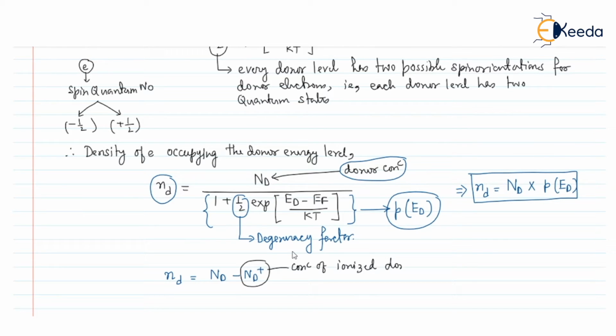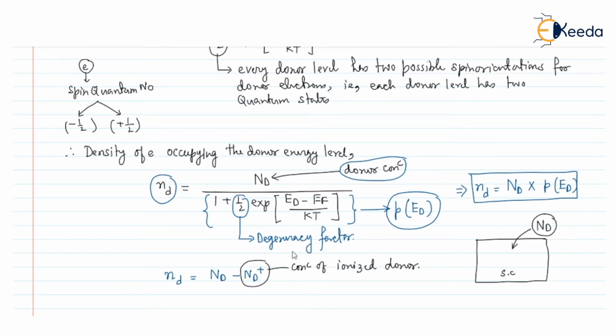So what is an ionized donor? That means, suppose we have an intrinsic semiconductor, and we are doping this semiconductor with Nd doping concentration.